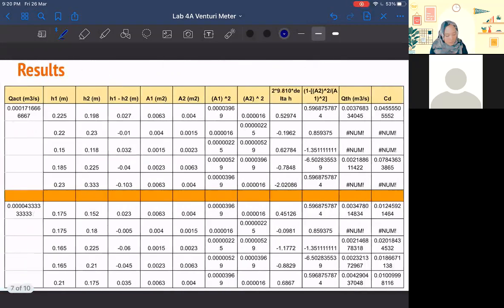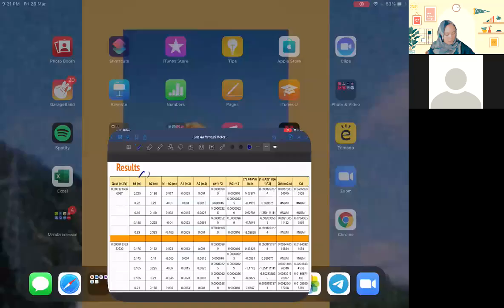Okay. Next, this is the result that we have gotten from the experiment. The Q actual is given, which we get from the experiment. And then H1 and H2 are the readings of the manometer.